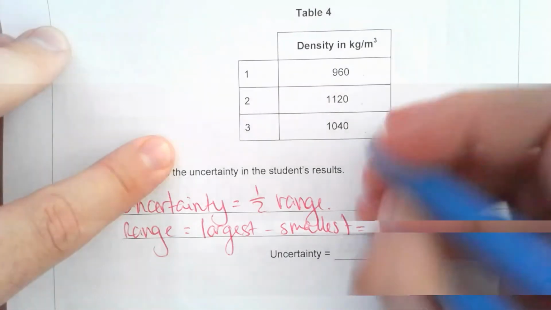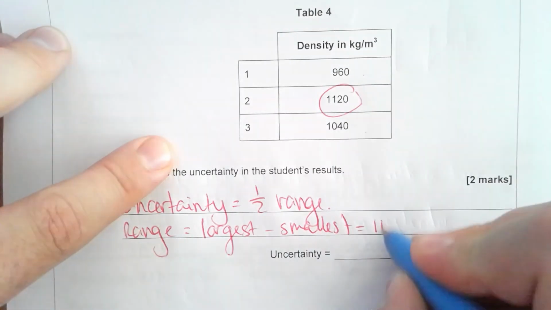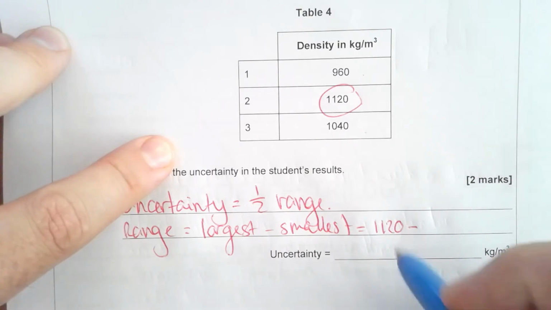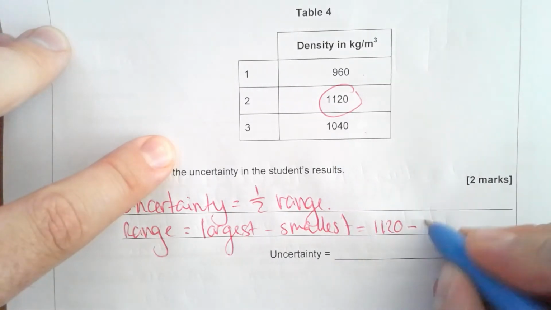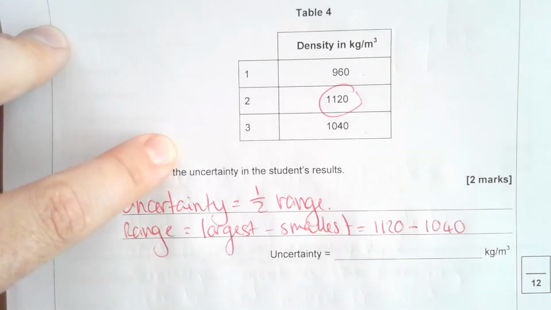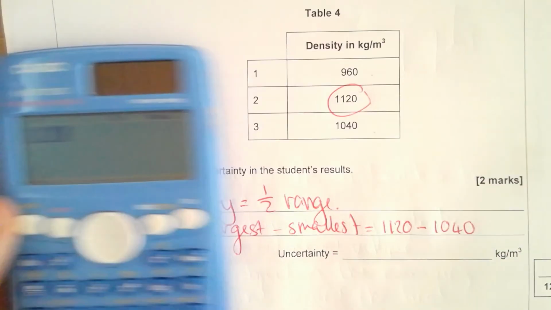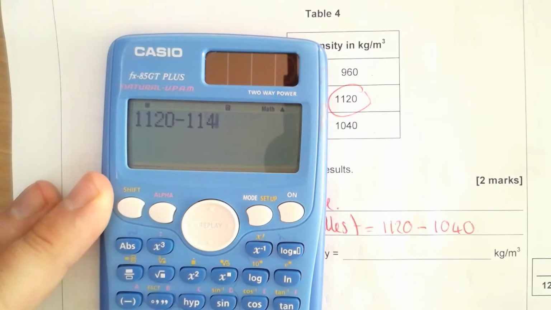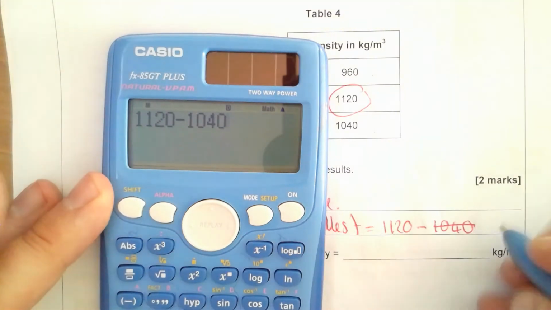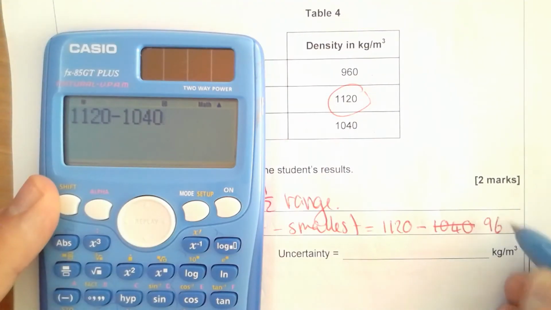So we would do the largest, 1120 minus 1040, oops, and I've misread that obviously. So 960, I beg your pardon.